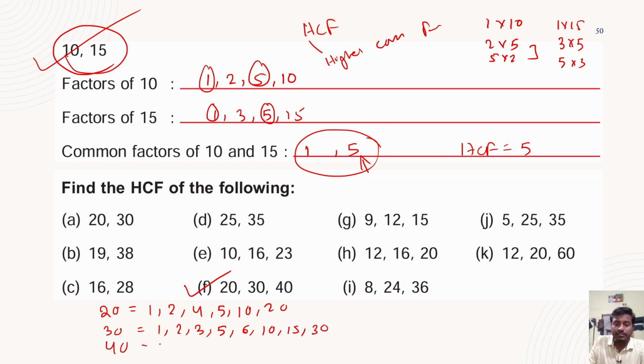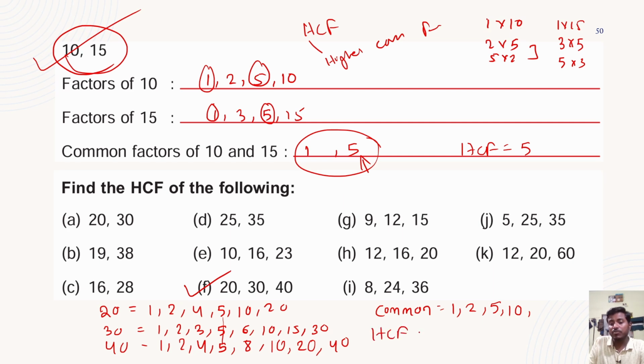Similarly, 40: that is 1, 2, 4, 5, 8, 10, 20, then 40. So tell me, what is the common factor? Now the common are 1, 2, and 5, then 10. Okay, that much. So what is the highest? HCF means highest common factor. So the highest common factor is 10. So the answer is 10. Means HCF is 10.